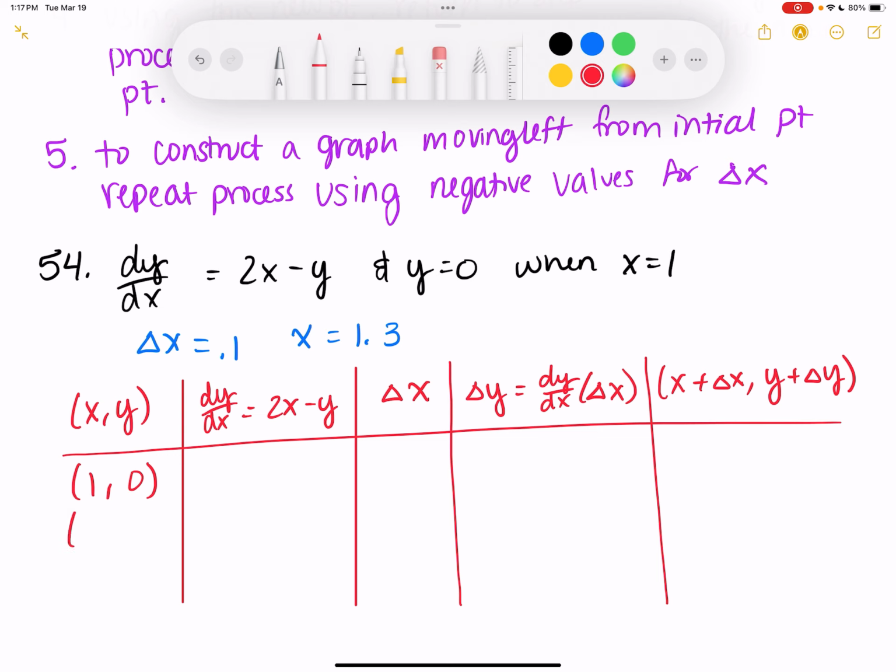Then 1.1. When I put in 1.1, wait a minute.